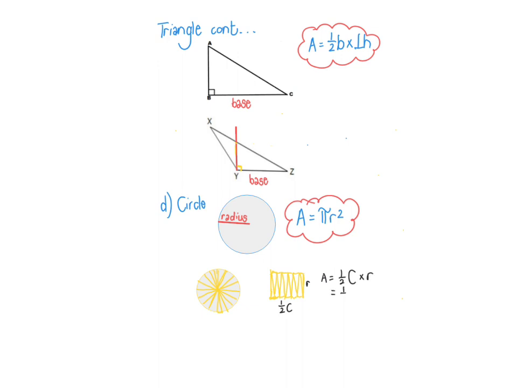And circumference can be written as 2 pi times radius, and then times this radius.